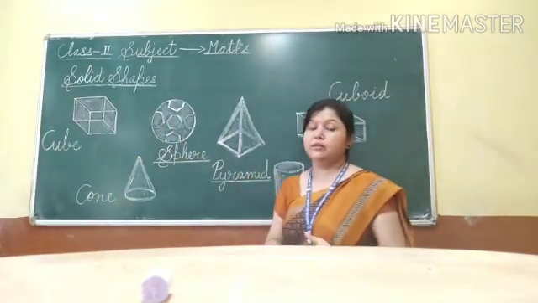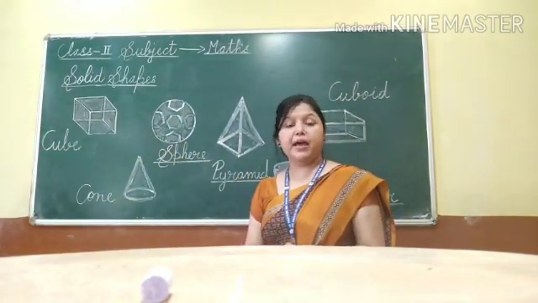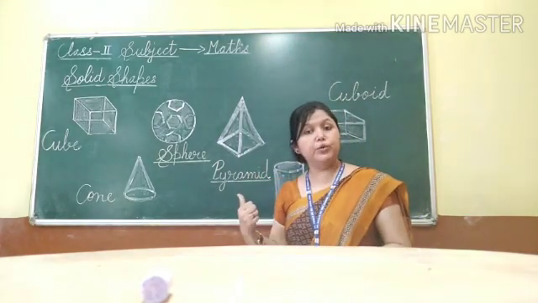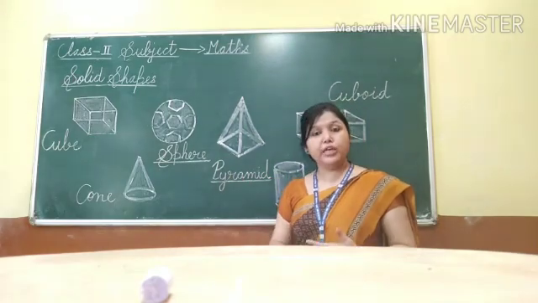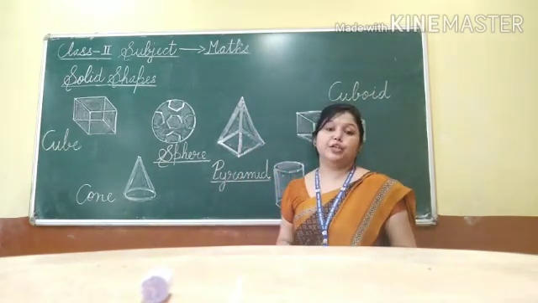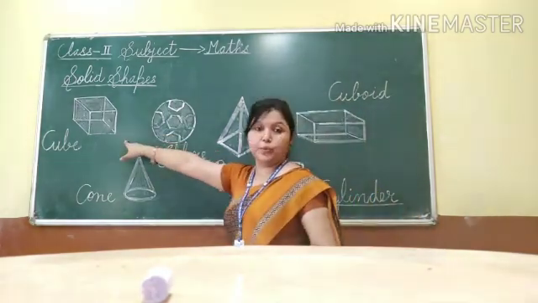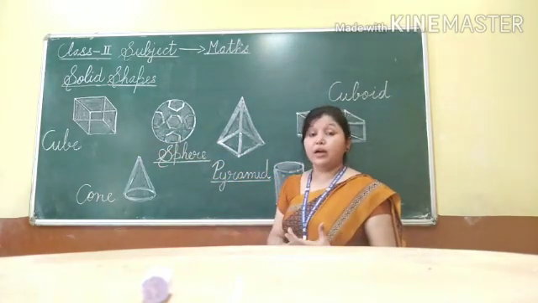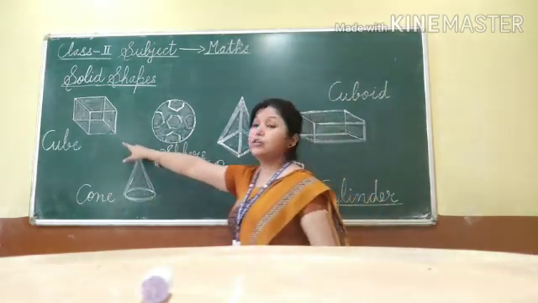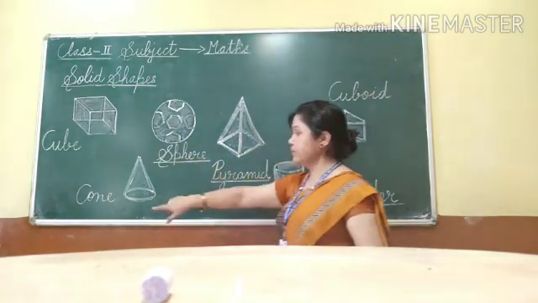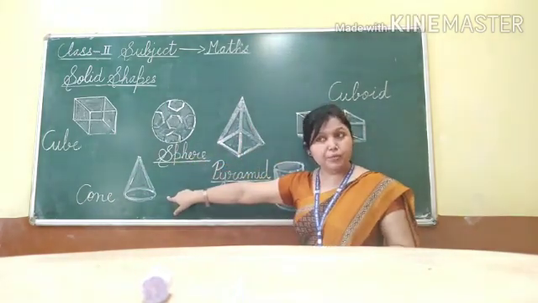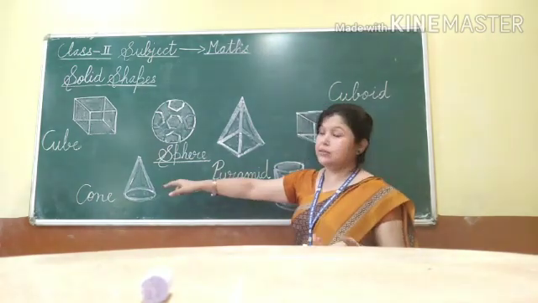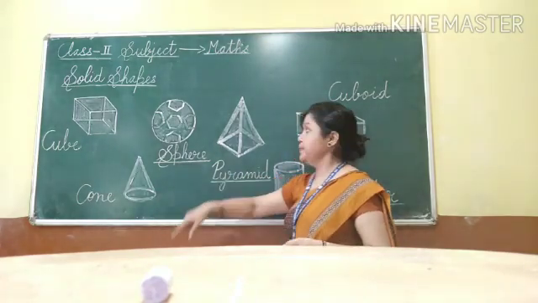In our previous video, we matched many things with flat shapes. In this video, we are going to match a few things with these solid shapes. The first shape is cube. An ice cube and a noodle ice, they both are cube shape. Cone: birthday cap and ice cream cone, they are cone in shape.